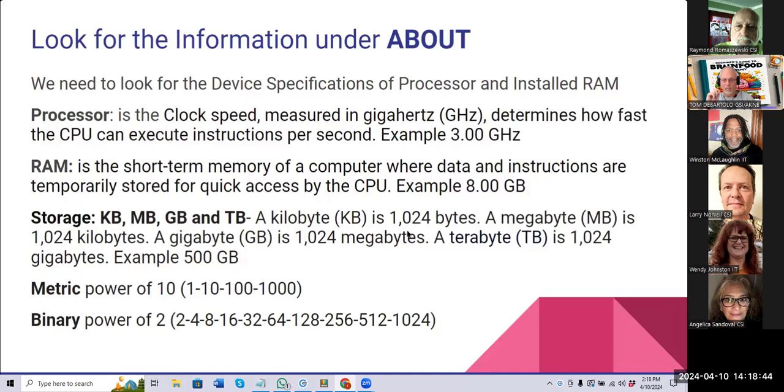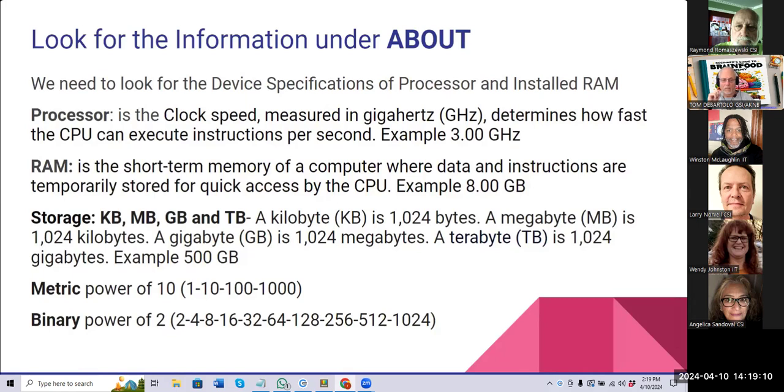To give you a little idea of what this means, metric is power of 10. So you've got 1, 10, 100, 1,000. But if you remember back in the day when you went to school, computers were binary. Binary meaning 2. They have two numbers, the 0 and the 1.